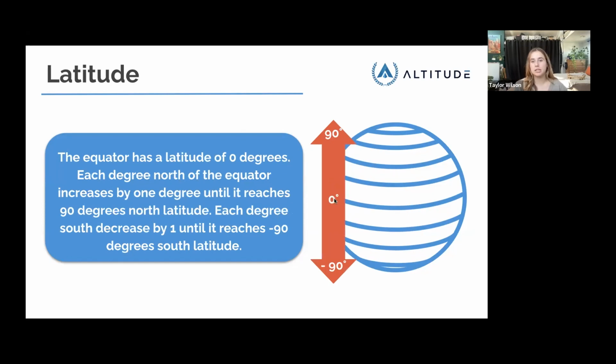As you can see, the 0 degree here is our equator. As we move north, we go all the way up to 90 degrees north. And as we move south, it goes all the way to negative 90 degrees south, with 0 degrees being the equator. When we're looking at our sectional chart, we're going to be in this top half here because we're in the northern hemisphere, so we're going to be looking between 0 and 90 degrees.